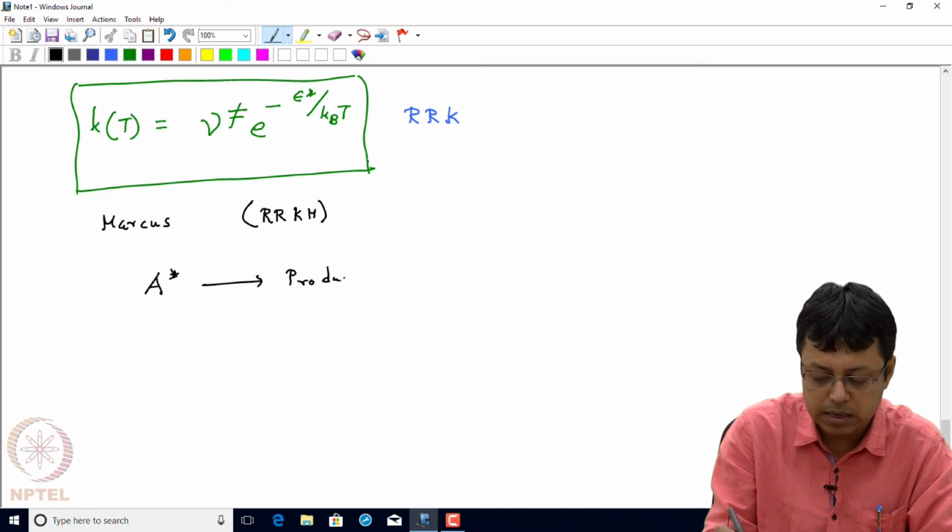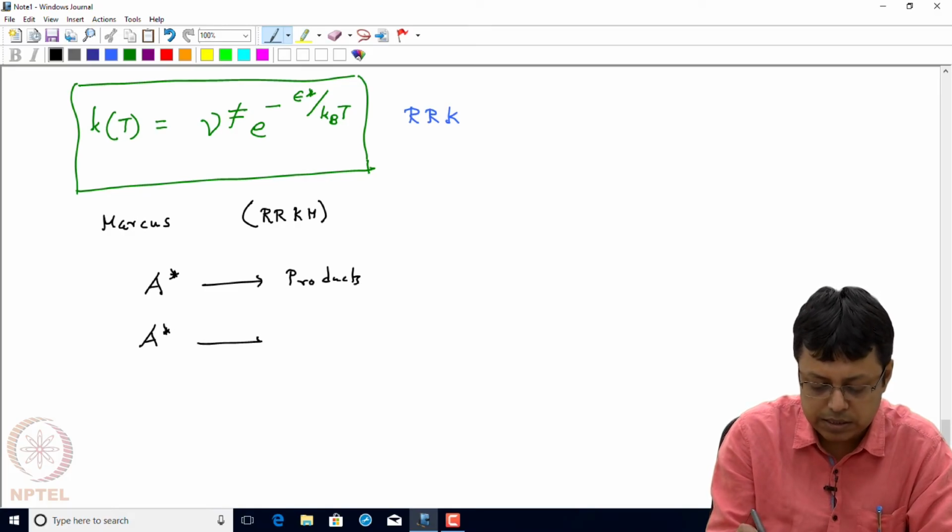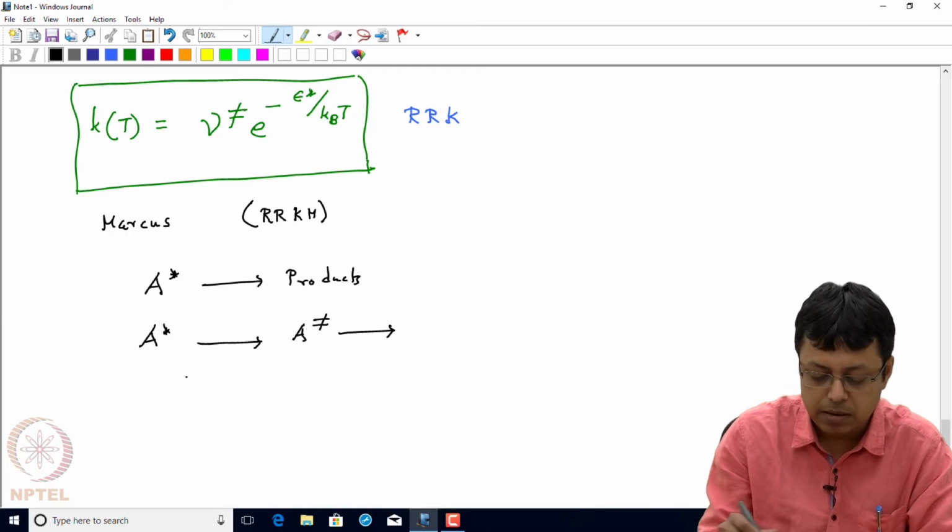But what Marcus did is he assumed that there is some kind of transition state, just like a bimolecular transition state, that exists before E star actually gives you the product.